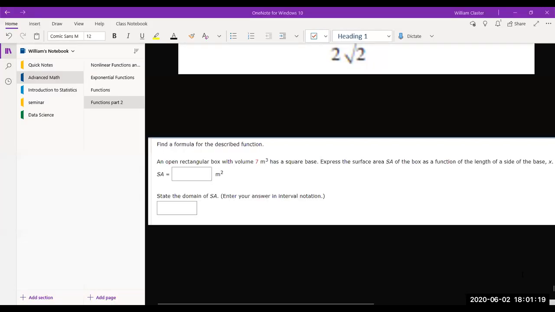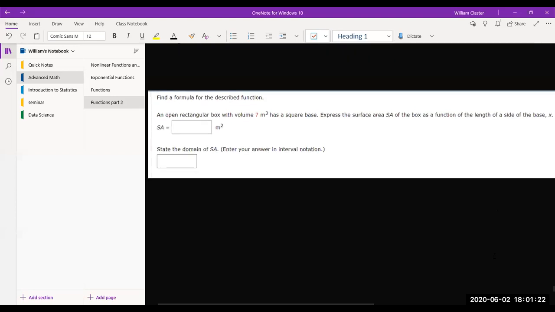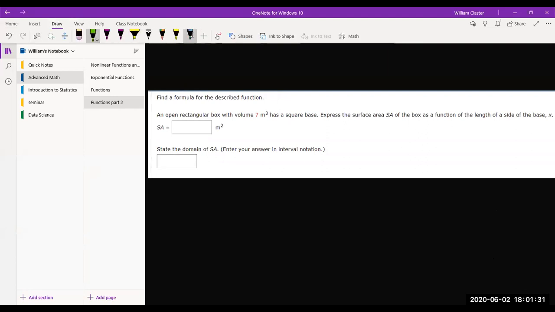Okay, so there's the problem, right? This time it says the volume is 7.